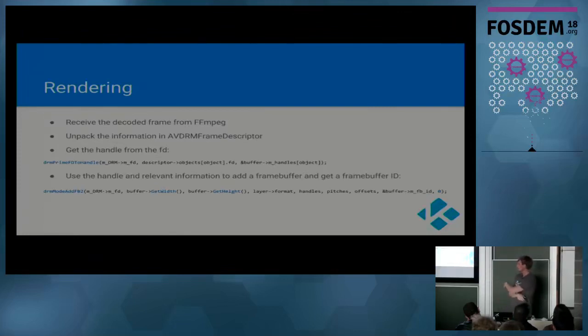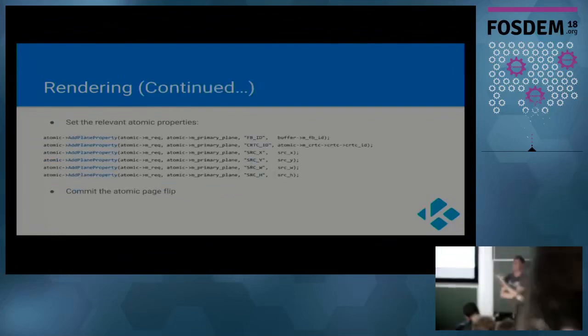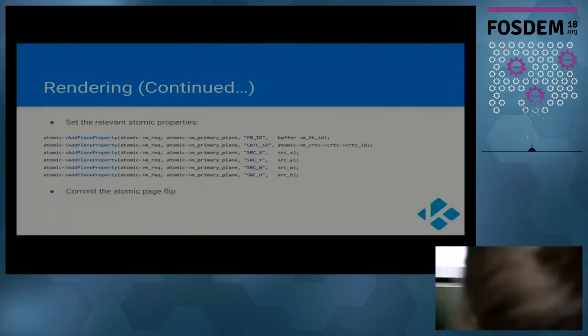This is kind of the same thing you would do with regular OpenGL stuff as well, but we're taking the direct region in the frame from the direct region in the memory to access it. So once we add the frame buffer, we get a frame buffer ID, and then we can let the DRM subsystem do all the work for us.